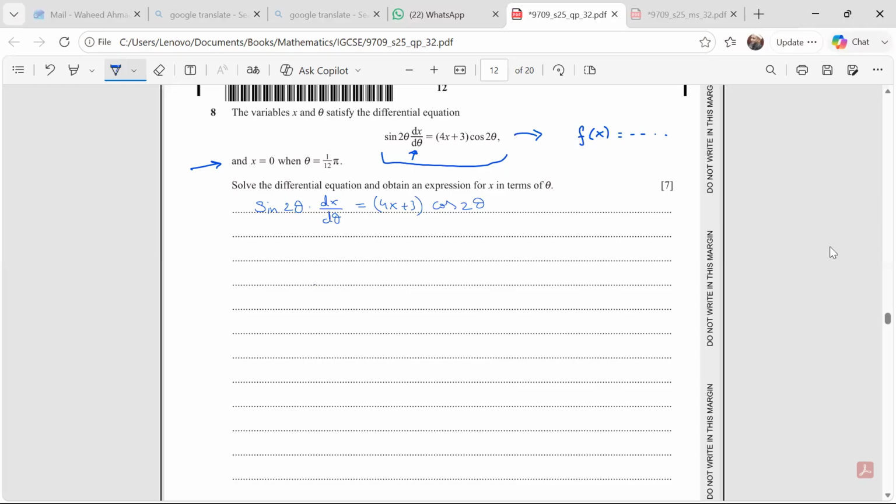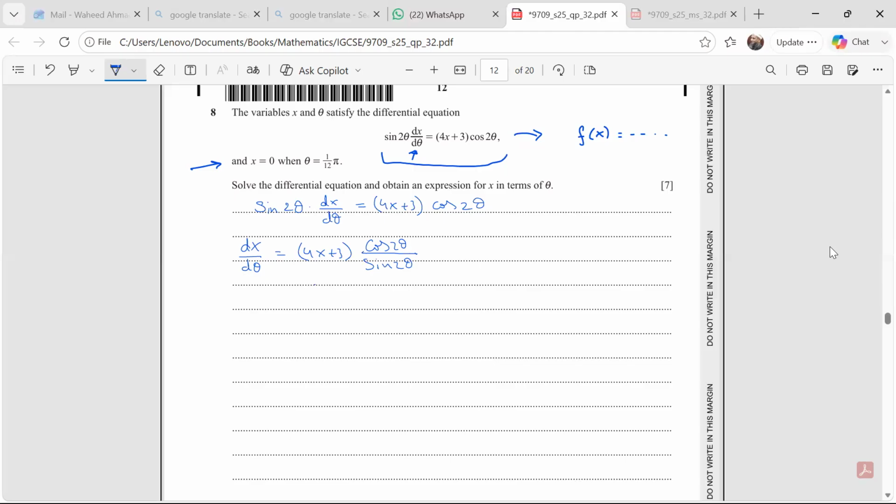On one side I want only x, and on the other side theta. So dx by d theta equals (4x plus 3) times cos 2 theta divided by sine 2 theta.